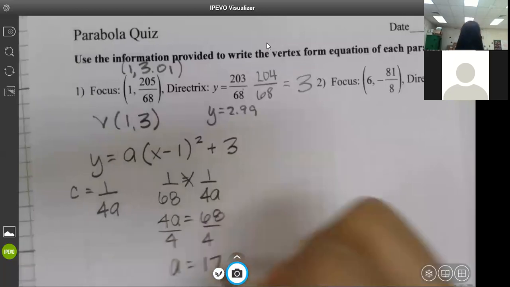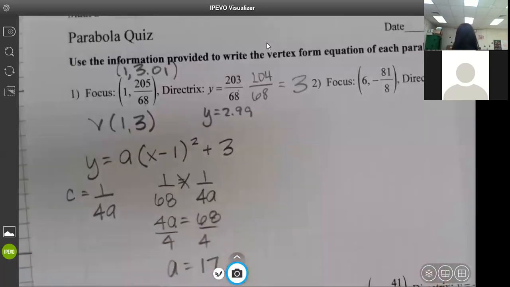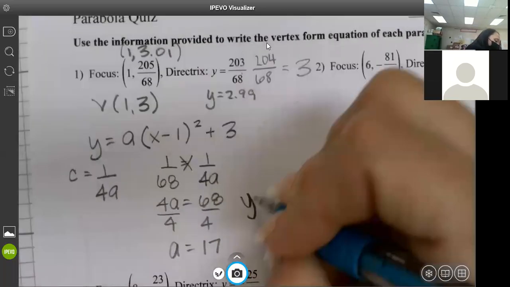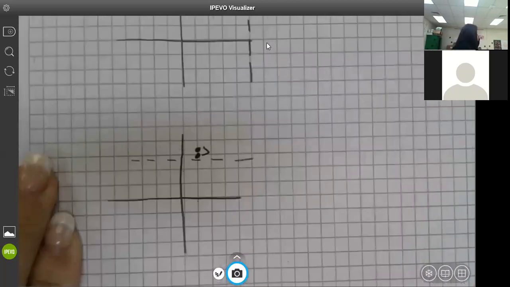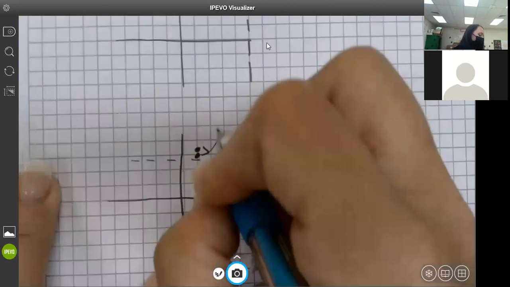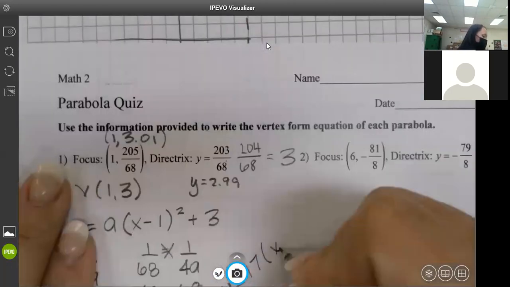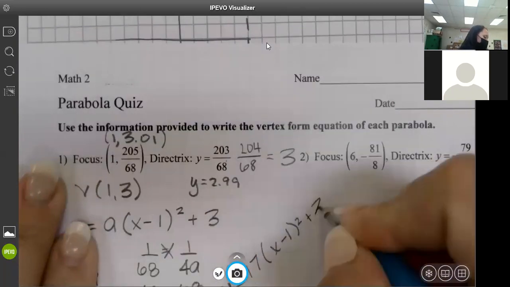It's pretty. I'm gonna tell you right now, none of your answers have fractions. None of them. So you should not get any fractions whatsoever at any point, okay? So our equation is y equals, was this an up parabola or a down parabola? A U shape or an N shape? We know it's U shaped, so 17 has to be what? Positive.